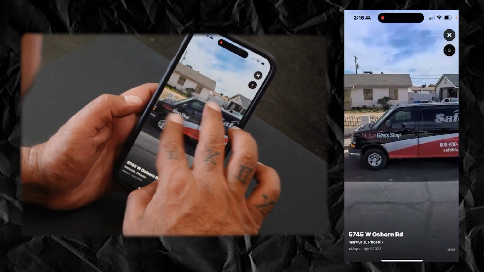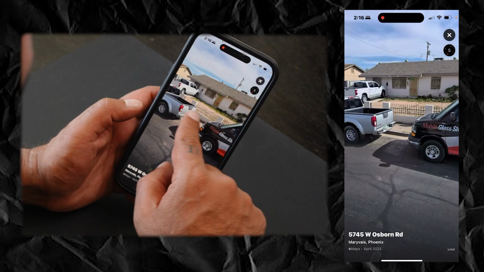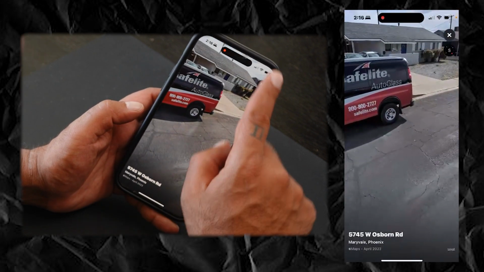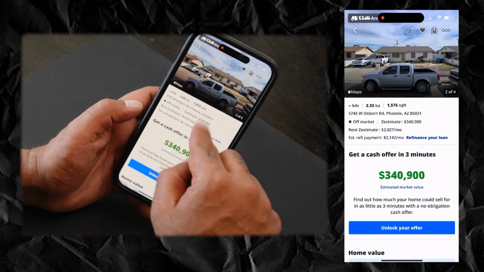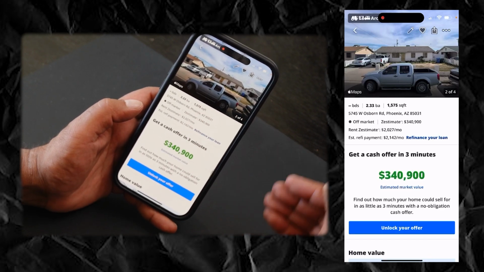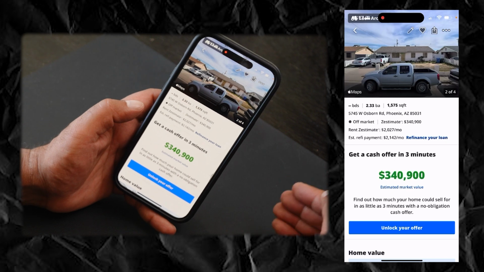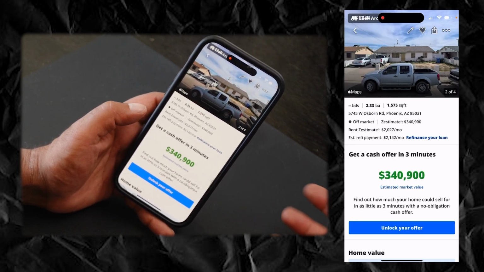So now, I don't have parking. That subject had parking. I'm on a busy road, so I've got to make adjustments for the parking, and I've got to make adjustments for the busy road. So the busy road in a property under 500K is worth what? $20,000. Carport, we're in Phoenix, the climate, it's hot. So the carport's going to be worth another $10,000.